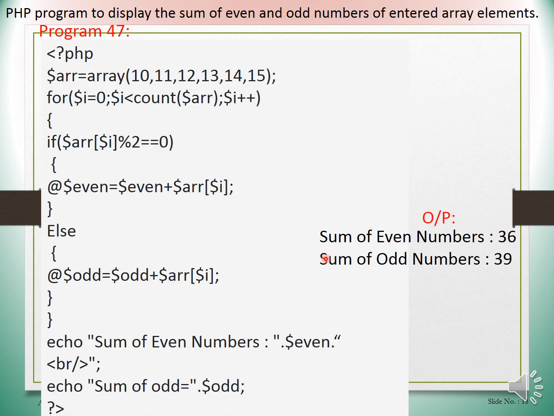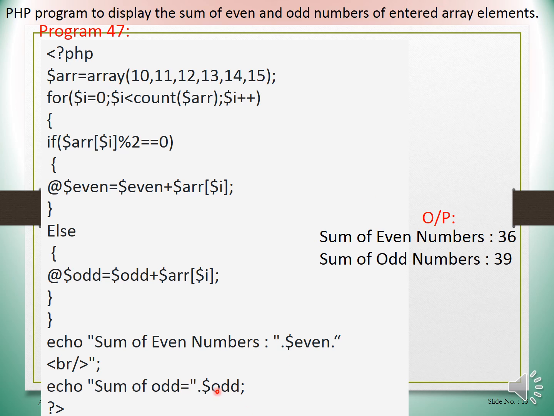And one more program to display the even and odd numbers within the entered array elements. Here again we have entered some array elements. For loop is used. Again, what is the difference in previous and this program? Here we have to add only the even and odd numbers.